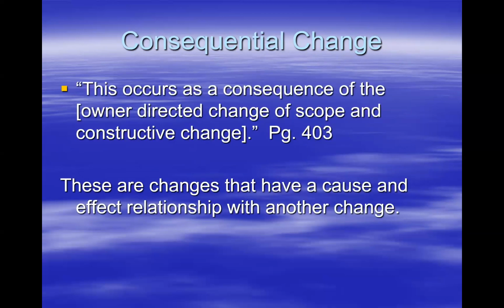A consequential change, this is another important one. This occurs as a consequence of the owner-directed change of scope of work and constructive change. In other words, let's just say we're going to make this change where we are going to add an outlet, for example.